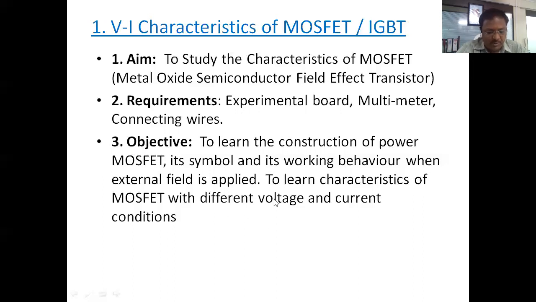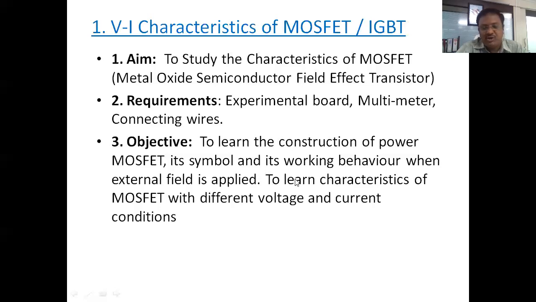Third, that is the objective. Why do we perform this practical, and why has the university given this practical? Because we all know these components well from the first year, but the behavior of these components under different working conditions, voltage or current, we have to observe.